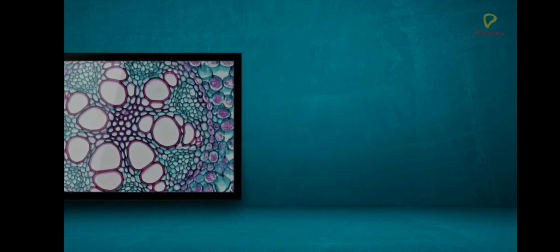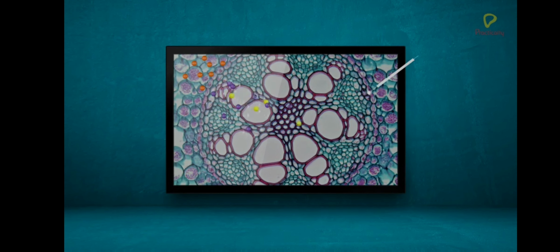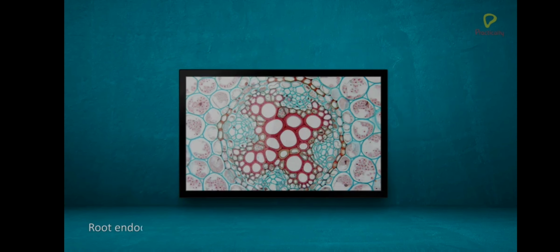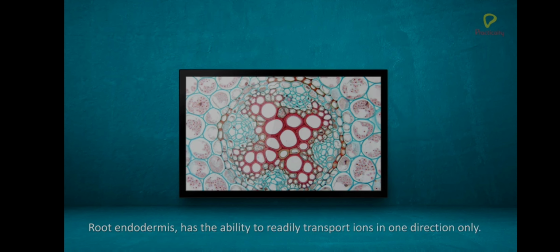Transport proteins of endodermal cells are the control points where a plant adjusts the quantity and types of solutes that reach the xylem. Root endodermis, because of the layer of suberin, has the ability to readily transport ions in one direction only.